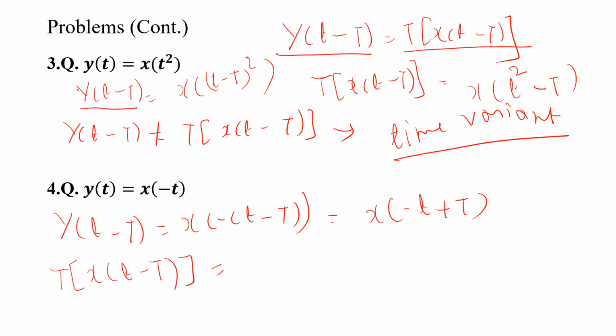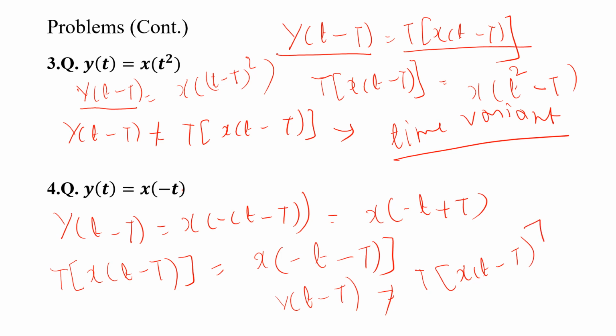In place of the x bracket you put minus t. So it is x of minus t minus T. Both are not equal. y of t minus T is not equal to transformation of x of t minus T. So it is a time variant system.